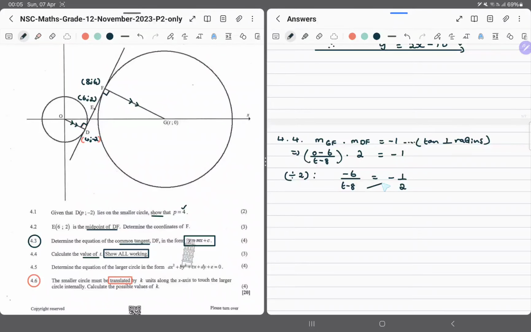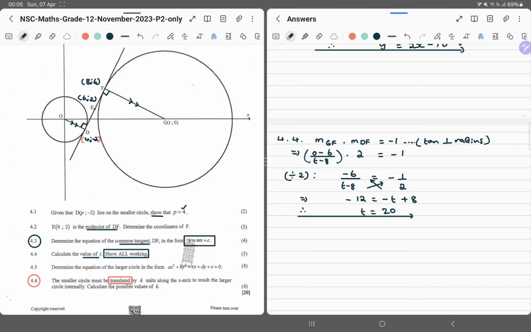Then we can cross multiply such that we get minus 12 is equal to minus T plus 8. Therefore, transpose T to the other side, it becomes positive. Transpose 12, we get 20. So that is our answer for that calculation.